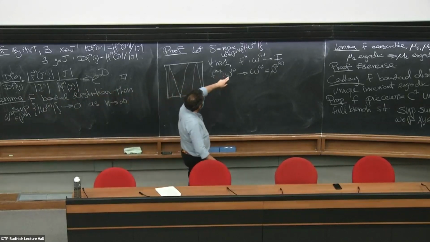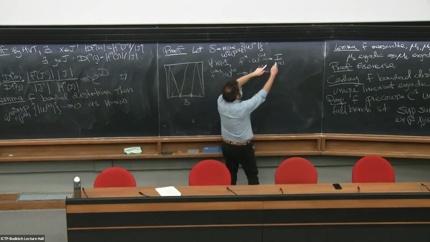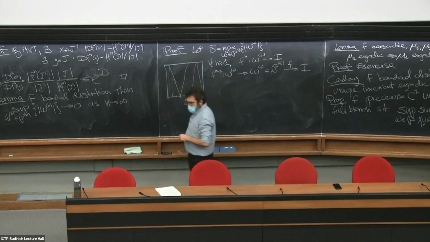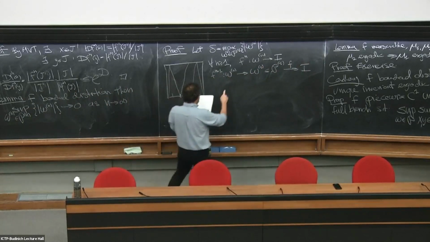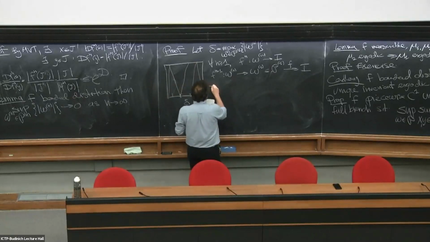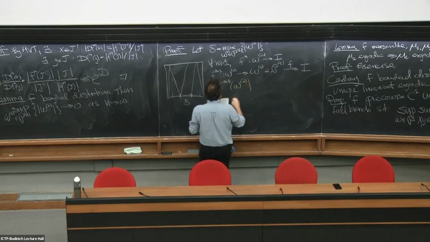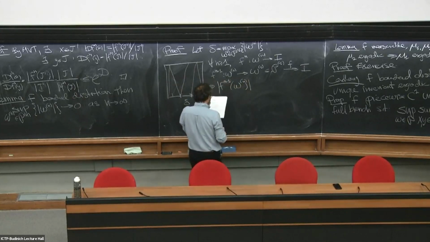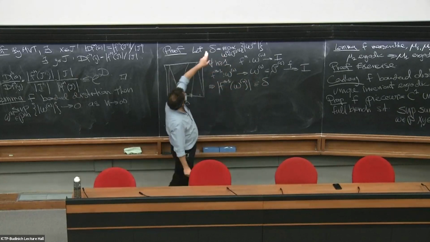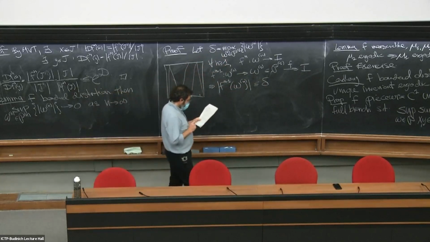So if you take an element of omega n, it will map after n-1 iterations to some element in P1, and then you apply f one more time, and it maps to I. So this means that the length of F^(n-1) of omega n is less than or equal to delta, because this maps to some element of P1, and all these elements have size less than or equal to delta.